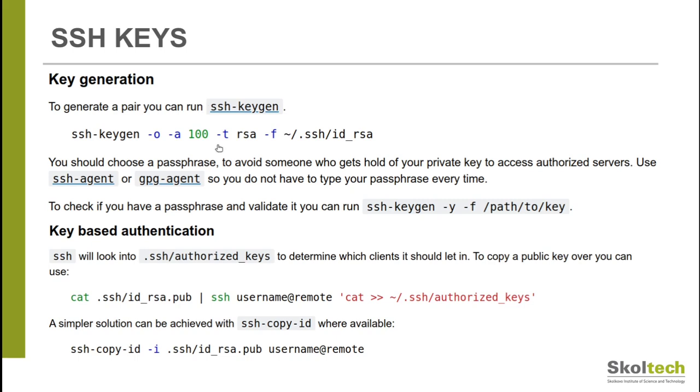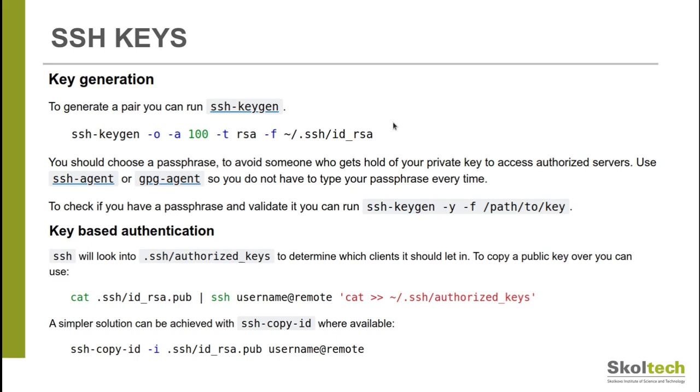To generate a pair, that means to generate a public and the private part of the key, you should use the command ssh-keygen. You can see on the slide the line with key generation.